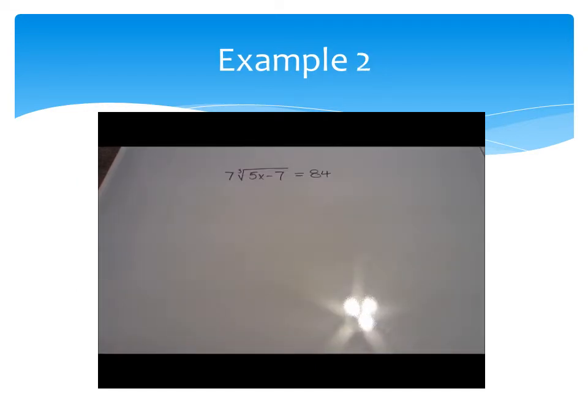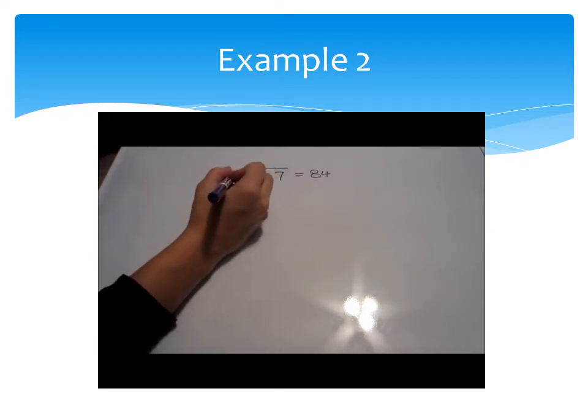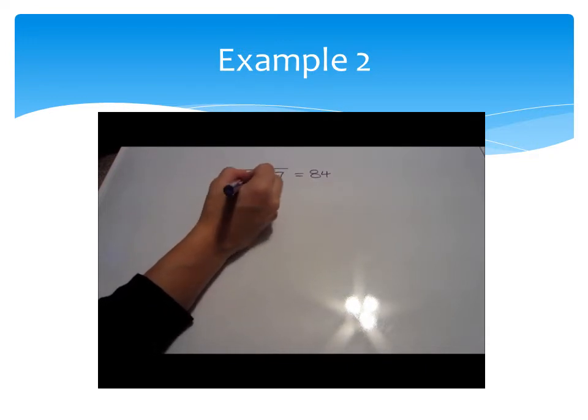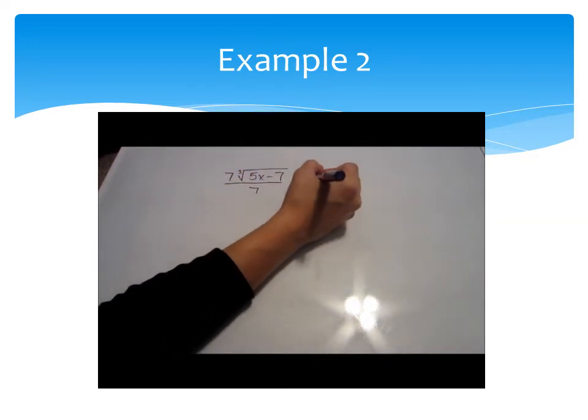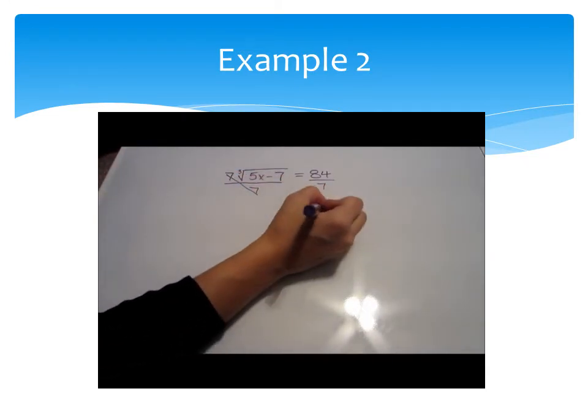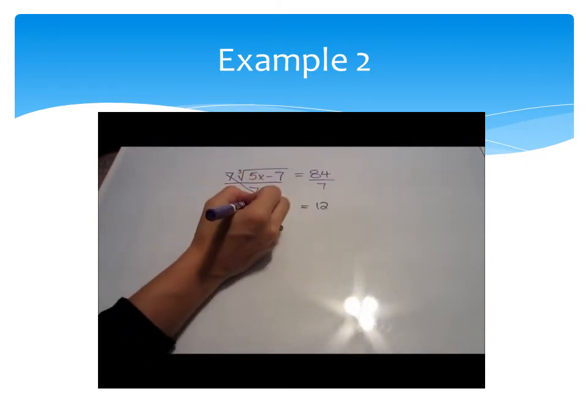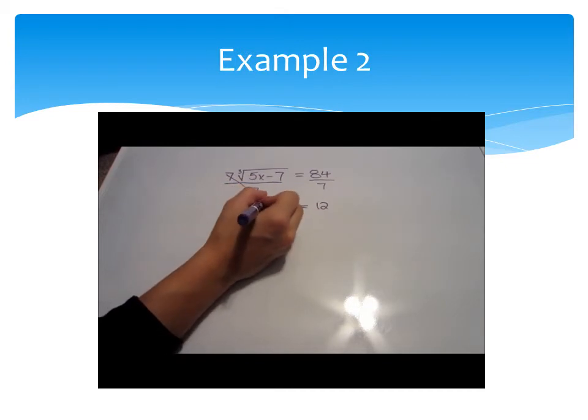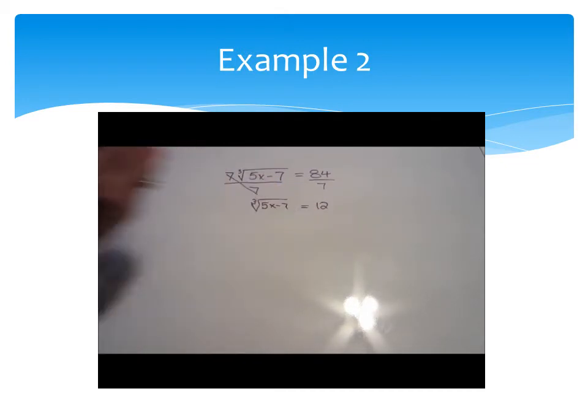Our next example is 7 times the cube root of 5x minus 7 equals 84. So first we need to get the radical by itself. So we divide both sides by 7. 84 divided by 7 is 12, and that's equal to the cube root of 5x minus 7.